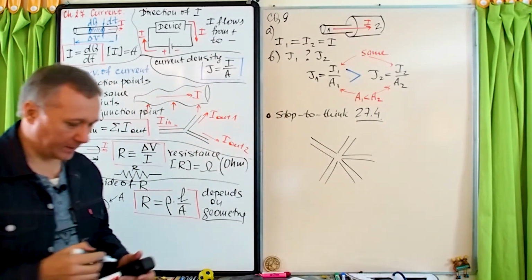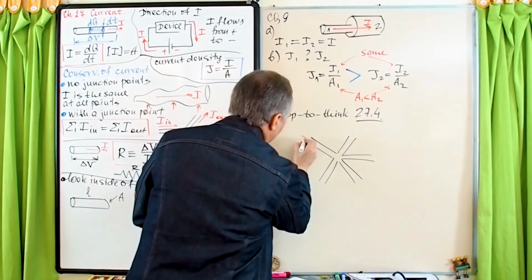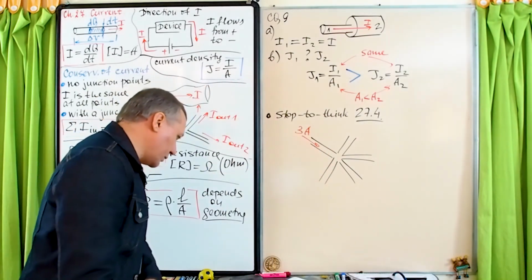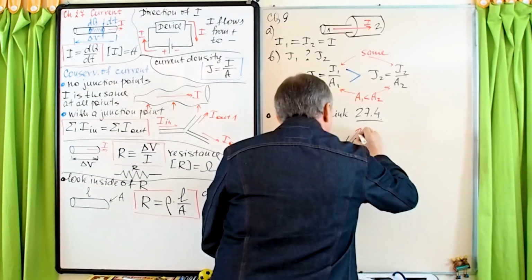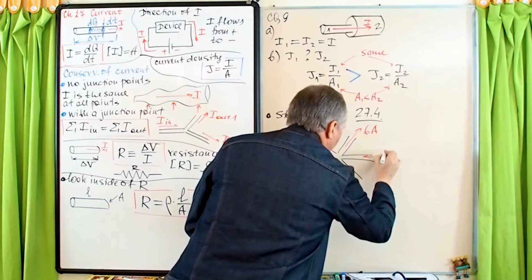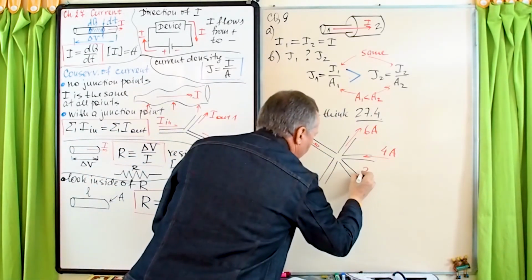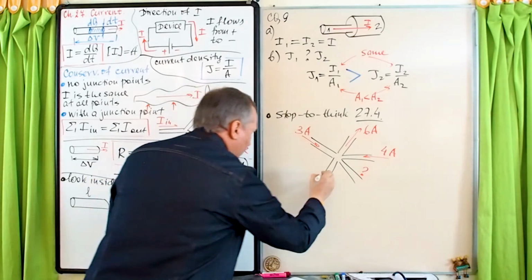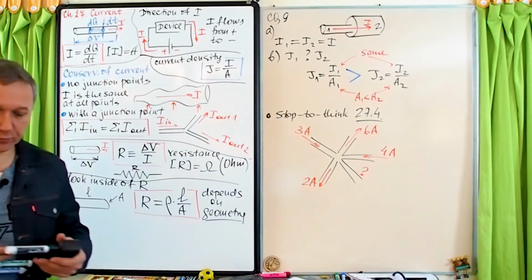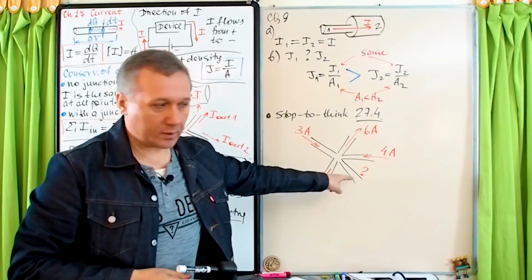So, a junction point and some currents: 3 amps entering the junction point, then 6 out, then 4 in. This one is unknown, and this one is 2 amps out. We need to find the value and direction of the current at this one.